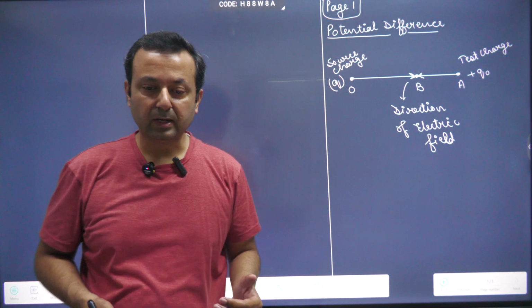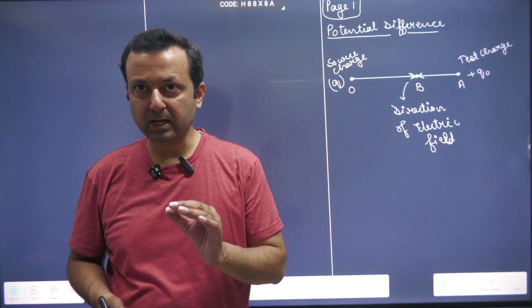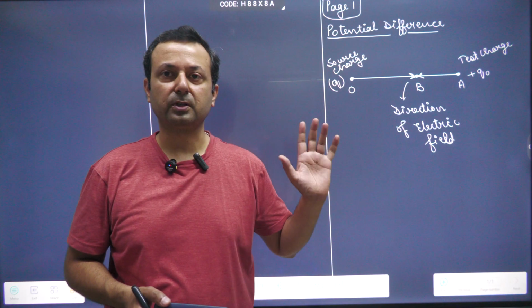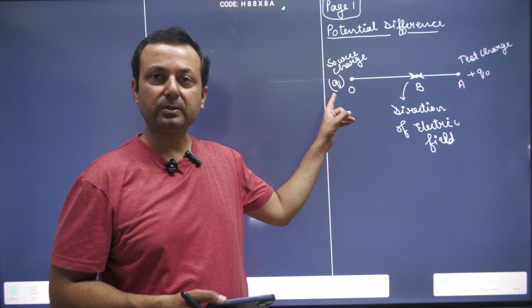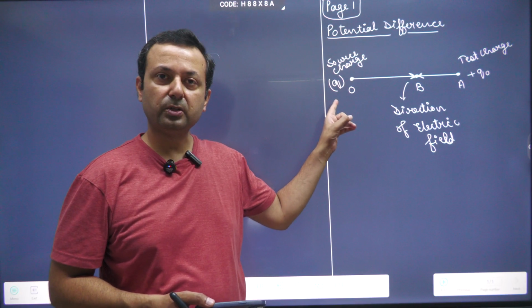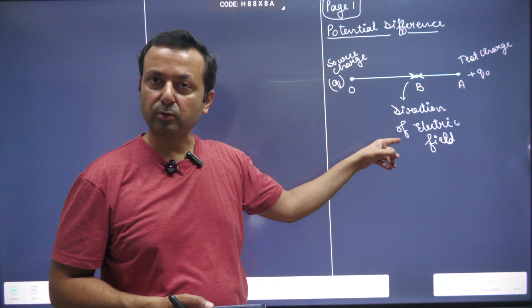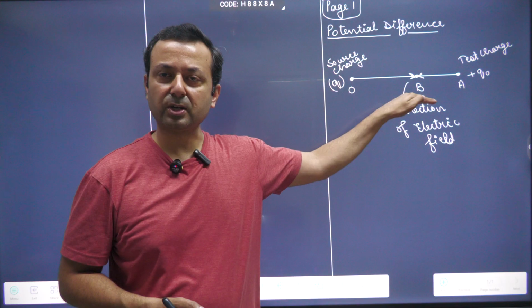What is the direction of electrostatic force? The direction of electrostatic force as well as electric field is away from the positive charge. I have a positive charge Q which is kept here. So because of this positive charge Q, the direction of electric field or electrostatic force will be in this direction.